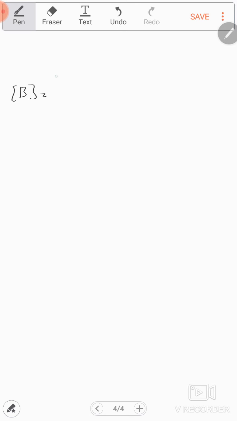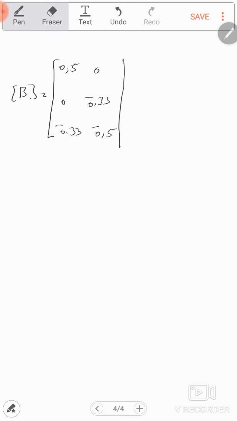It will be half, 0, 0, minus 0.33, minus 0.33, minus half. This is for node number 1. Actually no need to draw this line, but I just wanted to show you, so I can delete it. And for node number 2: half, 0, 0, minus 0.33, minus 0.33, half.